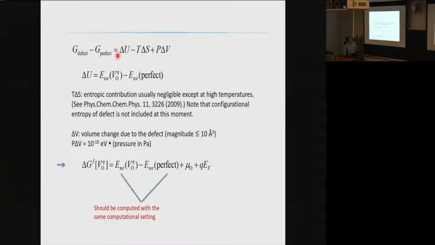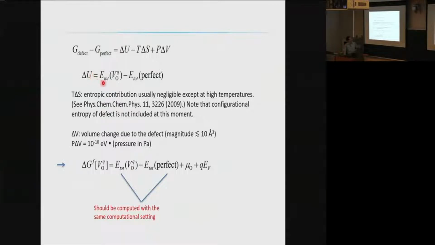Remember that what we get from the VASP calculation is the internal energy, U. Therefore, the total energy read from the VASP calculation corresponds to the change of the internal energy.